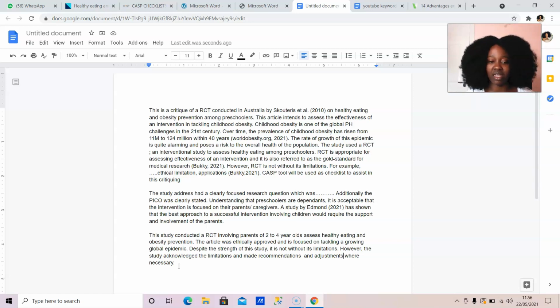You can end it with that: with studies like this, there is a forecast that says that if success is achieved with this particular intervention, the rate of childhood obesity can be reduced by this percentage within this time period. So there are several ways to finish. You can finish soft and you can finish hardcore.